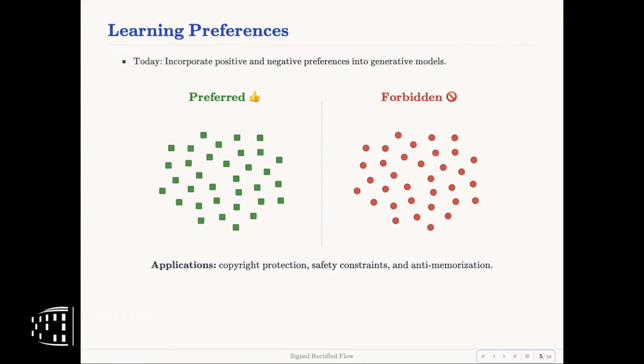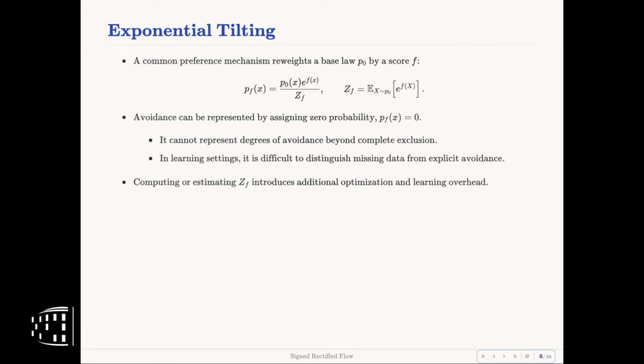So the question is how to extend the generative models to incorporate these preference information, especially for the negative constraints, right? A common approach is that we can use the idea that you have some reward function in some sense, and you exponential tilt your base function.